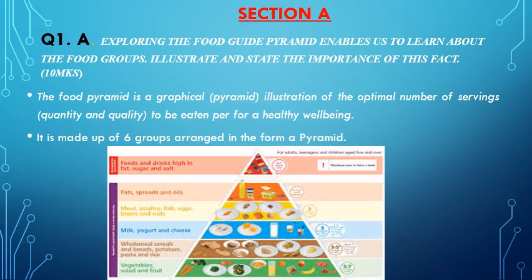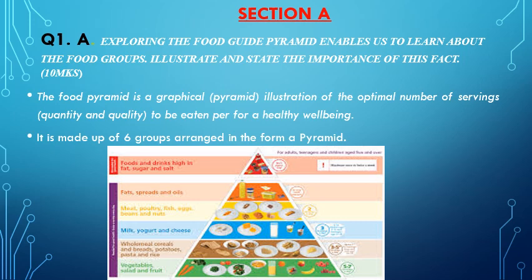Judging from this image, you can tell these are the 6 food groups. You have the vegetable and fruit group, you have the cereals group where you have your bread and pasta, and this is mostly where you get your carbohydrates. Then you have the milk, yogurt and cheese, followed by the meat, poultry and fish where you get your protein.